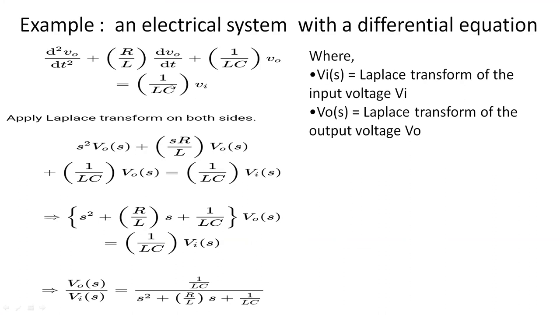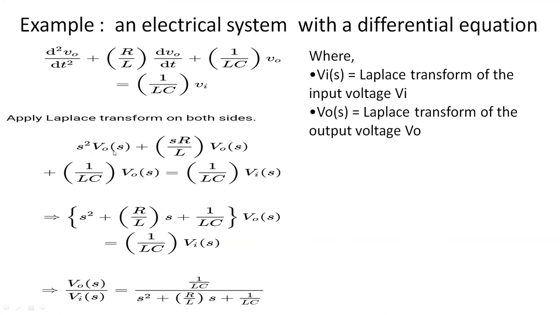So if you see the same electrical system as an example with the differential equation, we just got d square V0 by dt square plus R by L dV0 by dt plus 1 by LC V0 is equal to 1 by LC Vi. Now let's apply the Laplace transform on both sides.